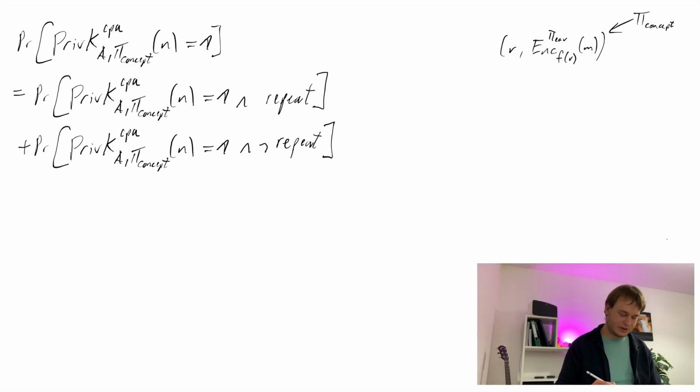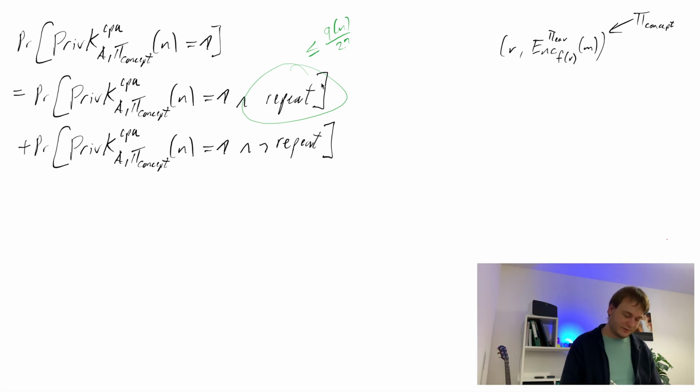And then this first part we can immediately see is okay, because this repeat event, as we've seen in the lecture, is pretty rare. More specifically, it happens with probability at most Q(n) over 2^n. So Q(n) is the number of queries that A makes to the encryption oracles at most, and 2^n is the number of possible R's.